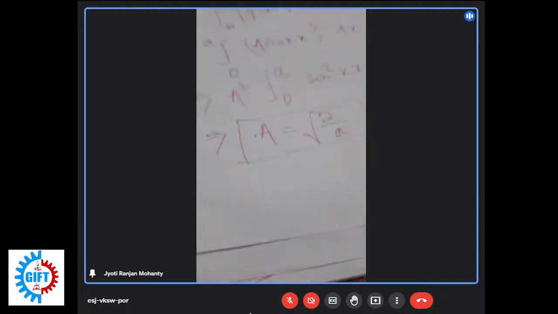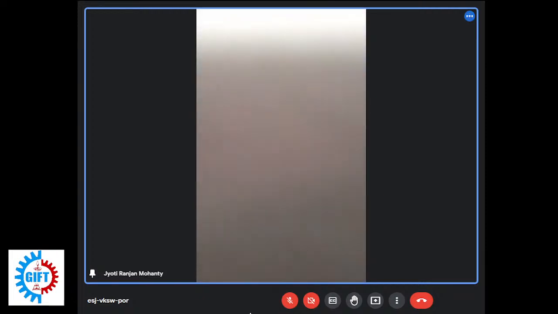After writing the time independent Schrodinger equation, we got the solution. The solution consists of two unknown constants A and B. Using the boundary condition, we got B is equal to 0, and using another boundary condition, we got A is equal to 2 by a under root by applying the normalization condition.